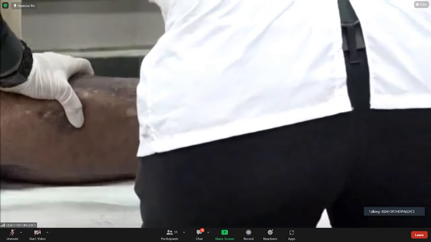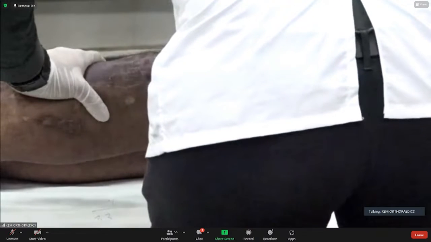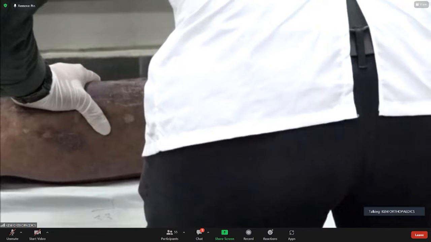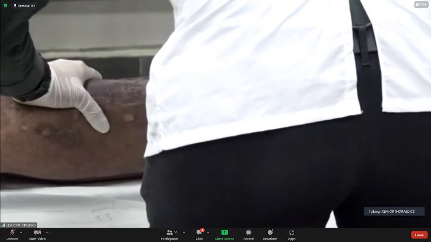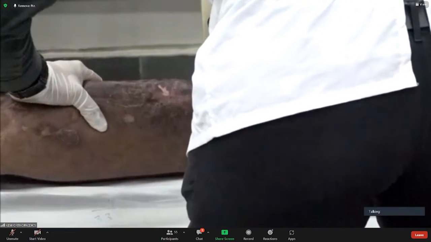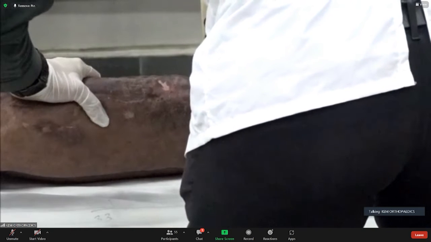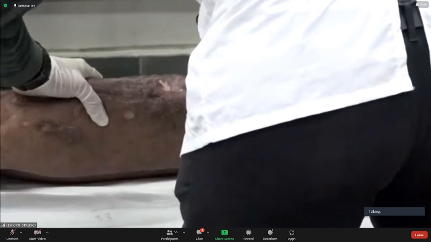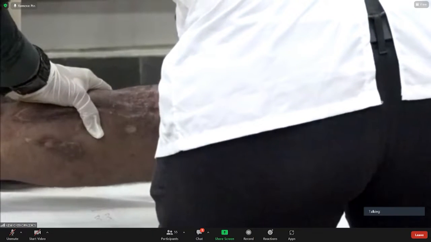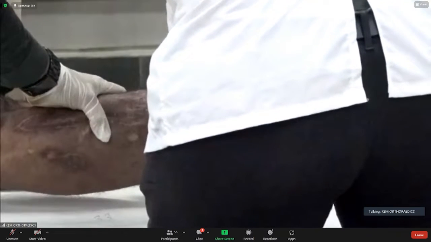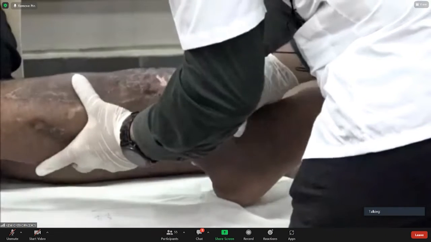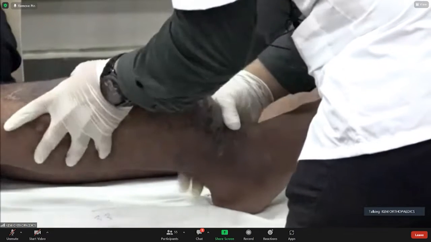No, this left hand. Now catch the tibia with your right hand properly. You're catching the ankle. Yeah, that way. Now do varus valgus. See, this is how you catch. Okay, from the top for varus valgus. Is there any? No, sir, I could not appreciate. Okay, now do anterior posterior. Catch the tibia, don't catch the ankle.